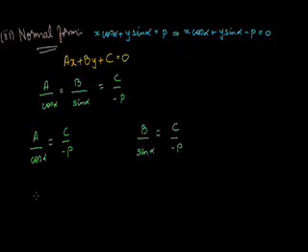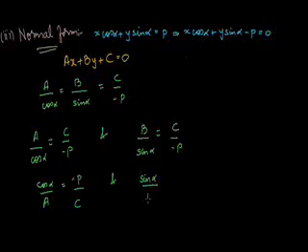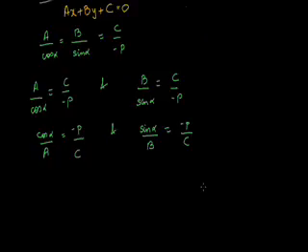From this, I'll reciprocate both sides of the equation, and over here I can say that cos alpha upon a is equal to minus p upon c, and similarly sin alpha upon b is equal to p upon c.